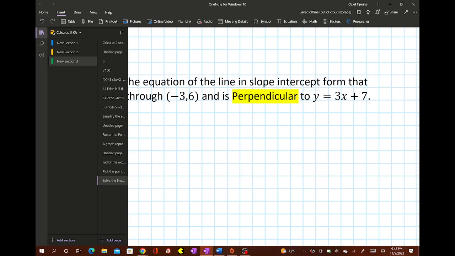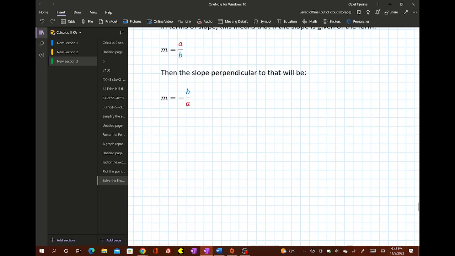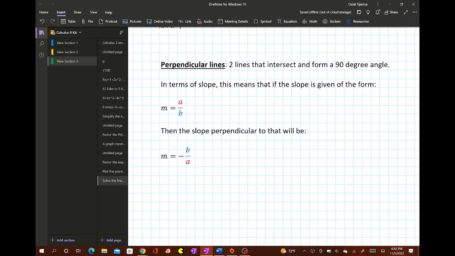If you haven't seen this, I do apologize, but basically there are two lines that intersect and form a 90-degree angle, and in terms of slope, if the slope is given as a over b, then the slope perpendicular to that will be negative b over a.